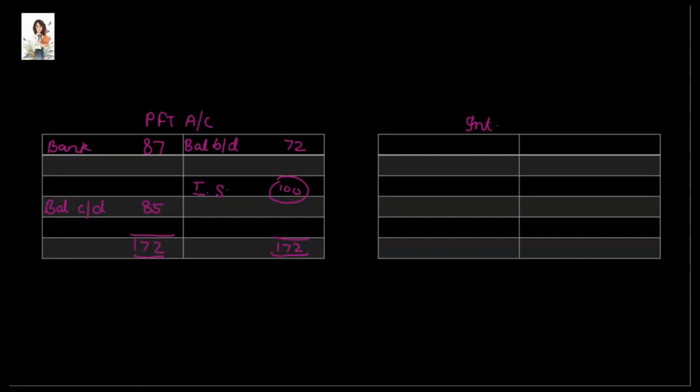So our interest payable account will look pretty similar to our provision for taxation account. The amount which is due at the beginning of the year will be a liability, will have a credit balance. Balance brought down is 10,000.